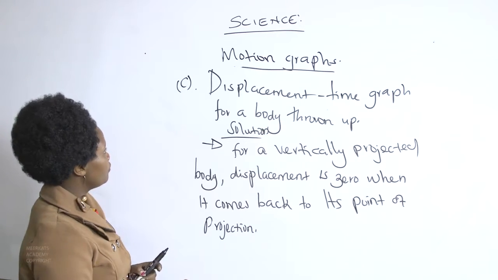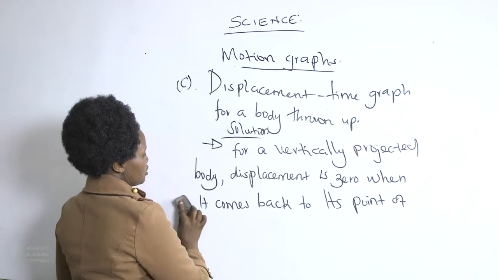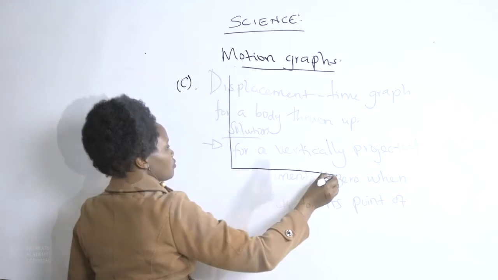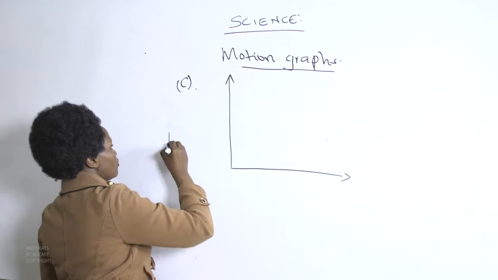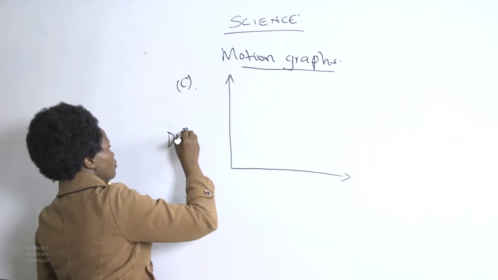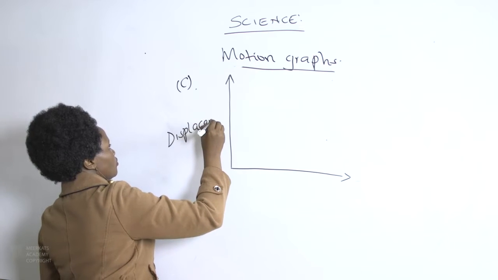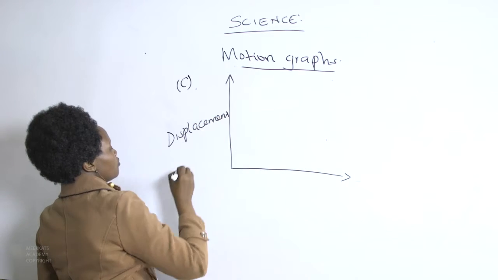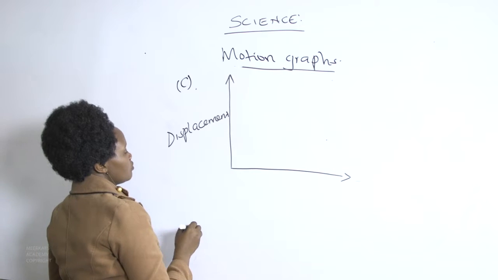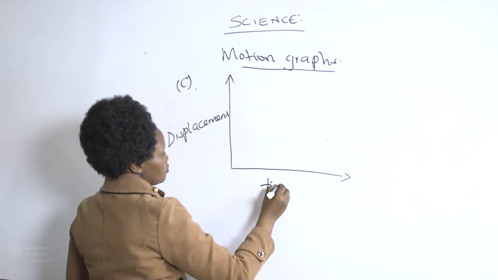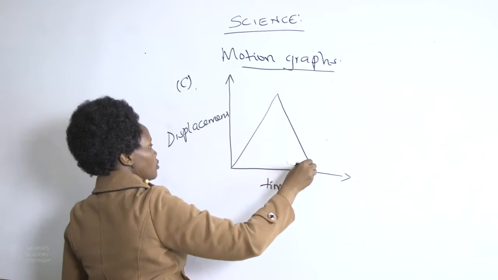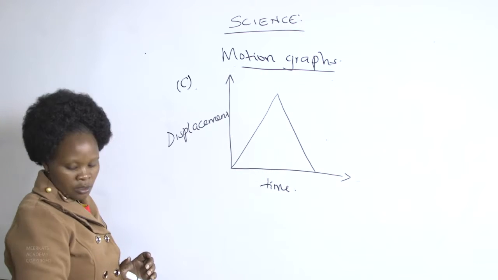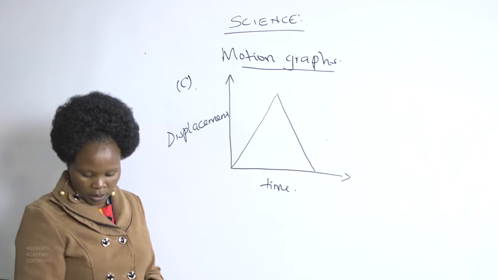And therefore, the displacement time graph will be something like that.